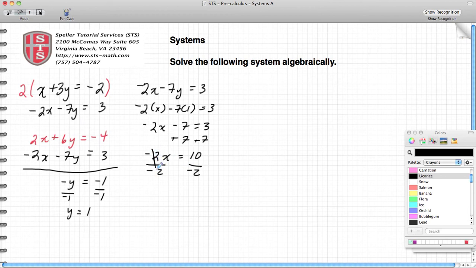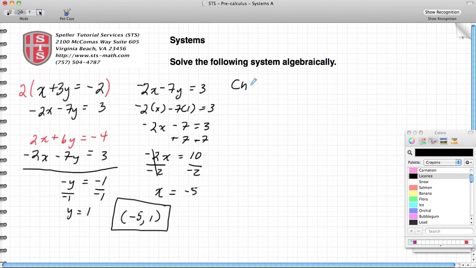Negative 2 divided by negative 2 simplifies down to just a positive x. And 10 divided by negative 2 leaves me with a negative 5. So the answer to my solution is negative 5, 1. At that coordinate is where the two linear equations intersect each other.